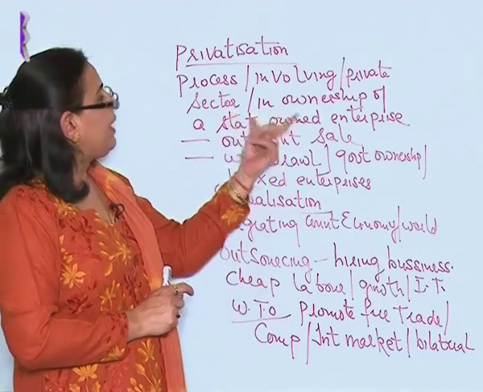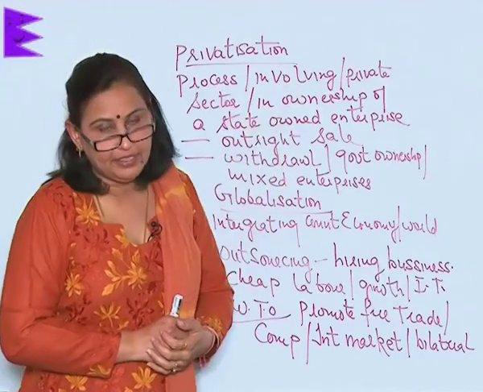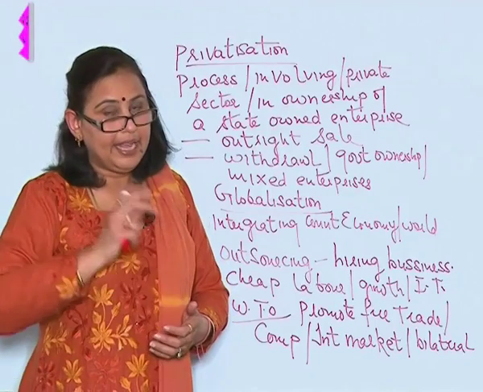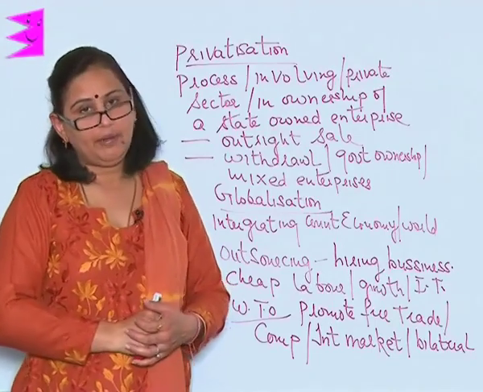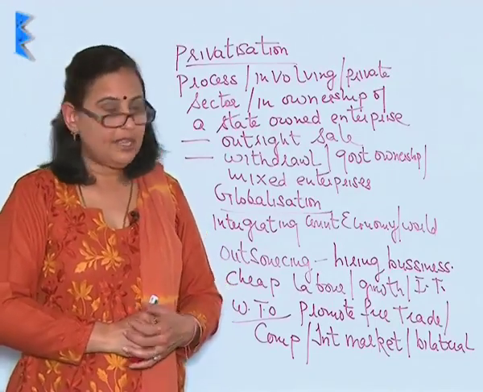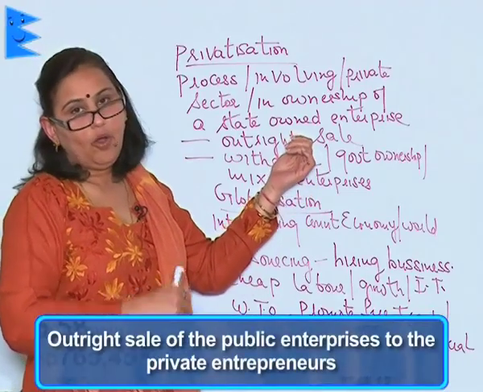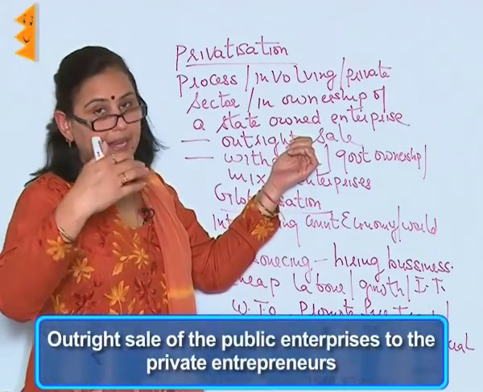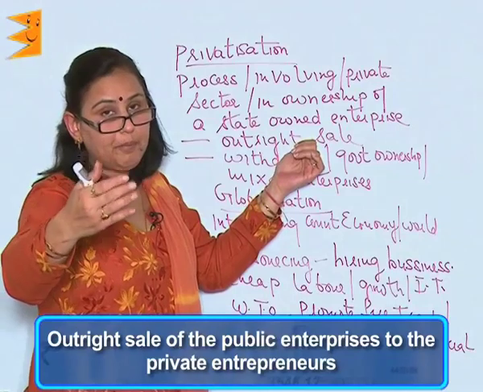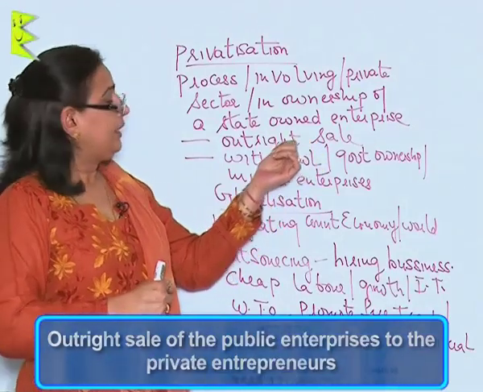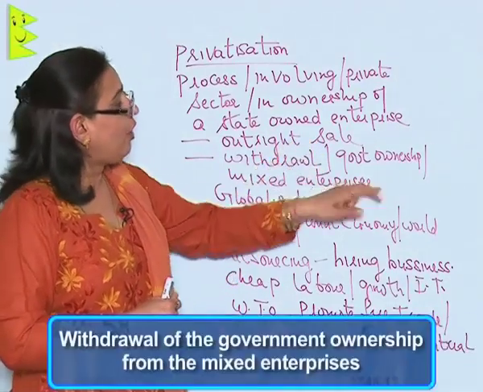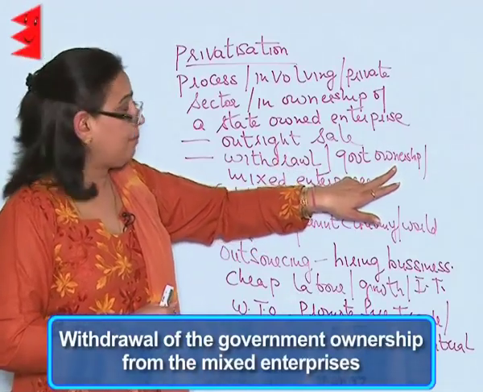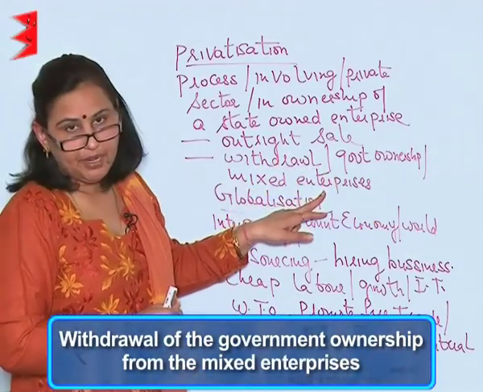Now, for bringing about such privatization in the country, there are two methods which can be followed. First is the outright sale of the public enterprises to the private entrepreneur. The second can be withdrawal of the government ownership from the mixed enterprises.